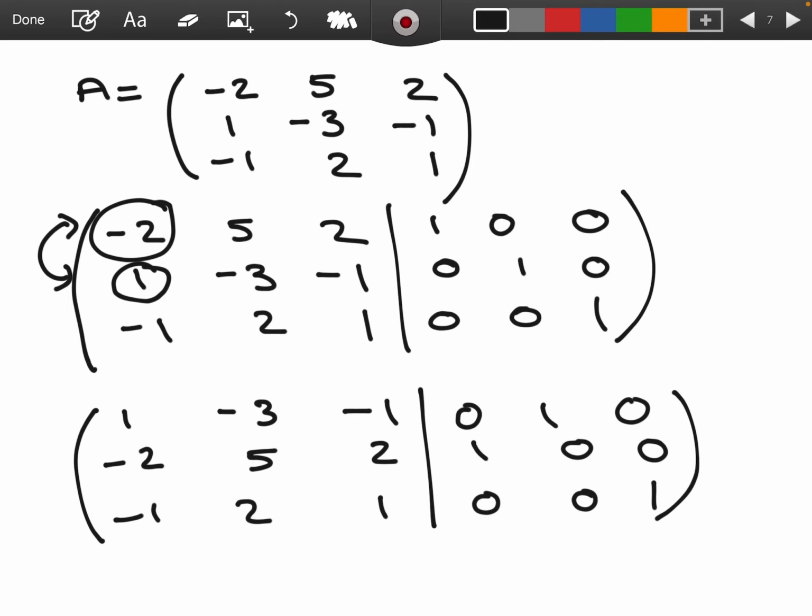I can then carry on with Gauss-Jordan as normal. So I'm going to make this a 0 and this a 0. I then look at what my pivot position here ends up being. I make sure it's a 1, and you carry on. You actually get to a point where, after a couple iterations of the Gauss-Jordan method, you'll get to this point.